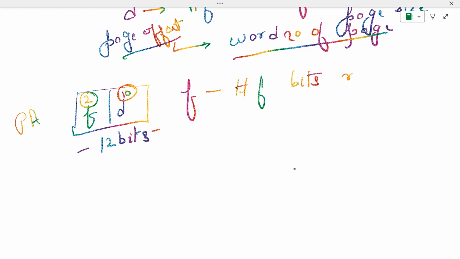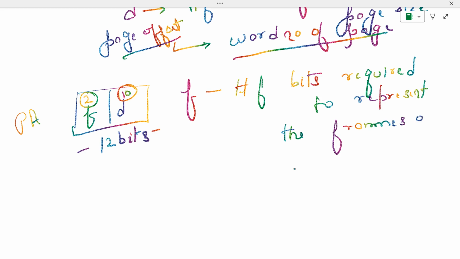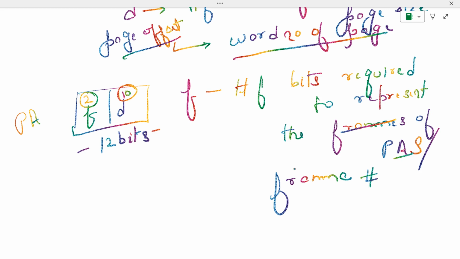F denotes the number of bits required to represent the frames of the physical address space, or it is also known as the frame number.